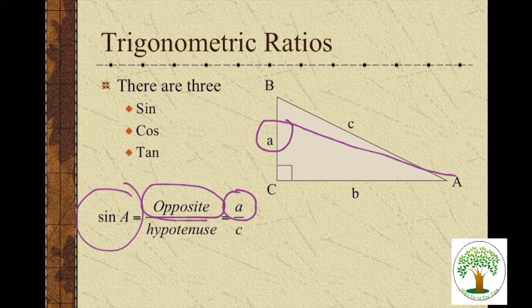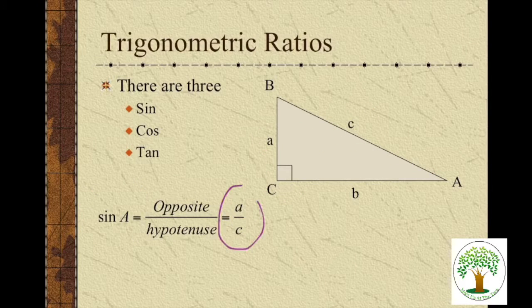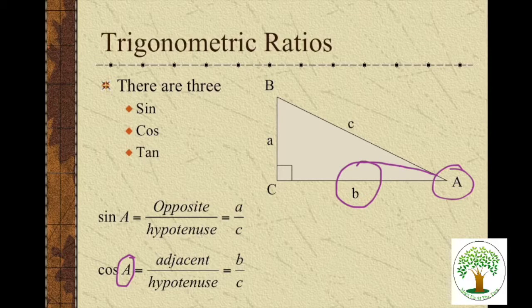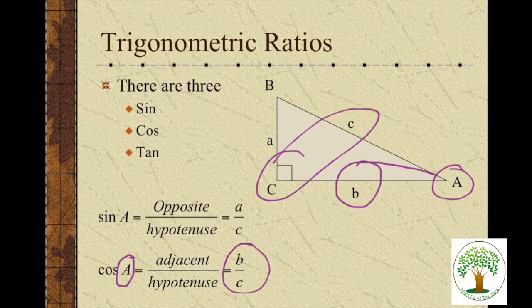So for sine A we have the ratio of the length of side a over the length of the hypotenuse. For cosine, you have written for your formula madness that it's adjacent over hypotenuse. For angle A, the adjacent one is the one right next door, and the hypotenuse is always the one opposite the 90 degrees, so we have b over c.